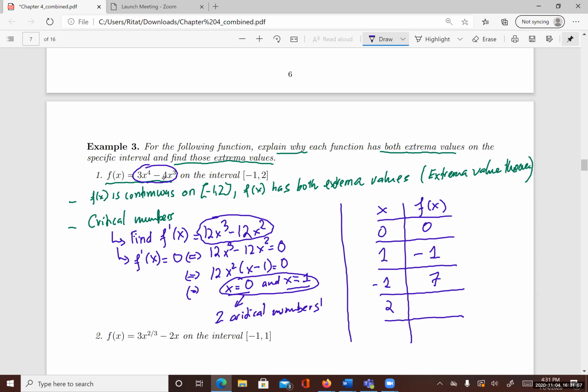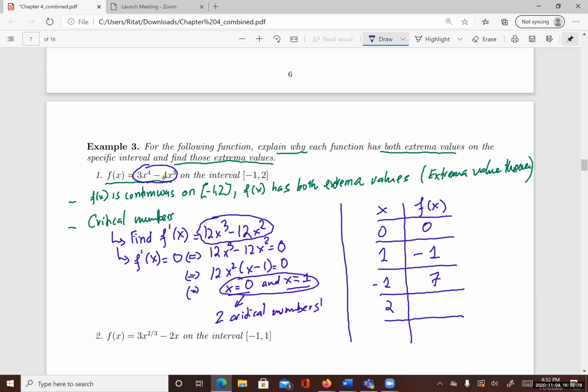If you plug 2 into f of x, you will have 3 times 2 to the fourth, which is 3 times 16, minus 4 times 2 to the third, which is 4 times 8, which is 32.